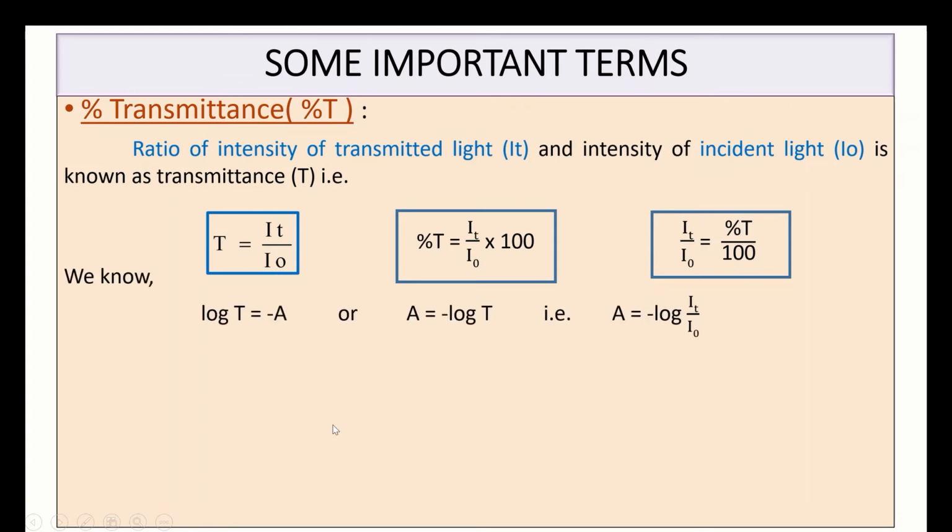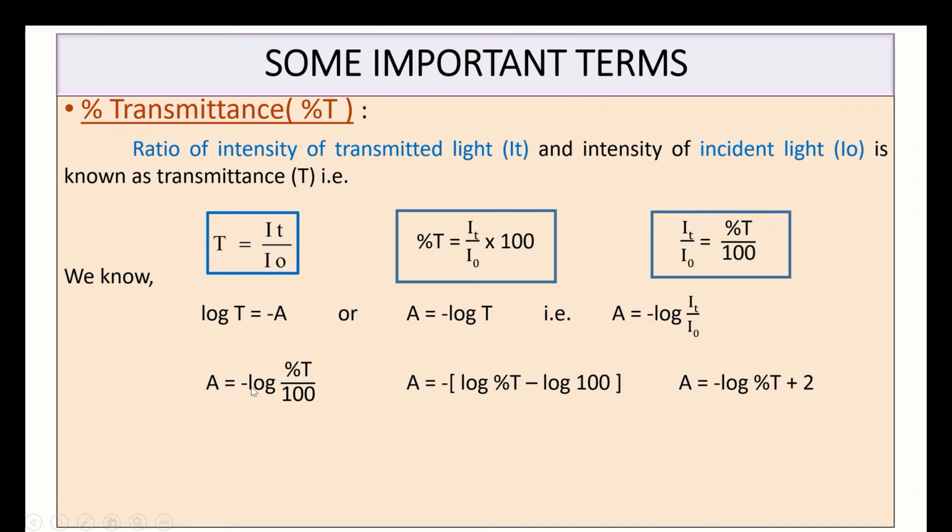Now we know that log T is equal to minus A, or A is equal to minus log T. That is, we write A is equal to minus log of IT by I0. Okay. So A is equal to minus log of, instead of IT by I0, if we want to write in terms of percentage T, we can substitute this value in this equation.